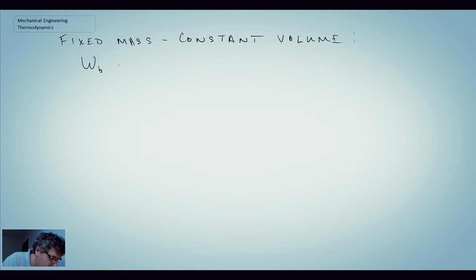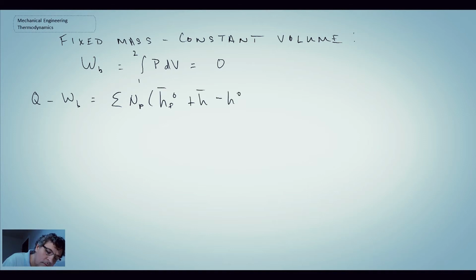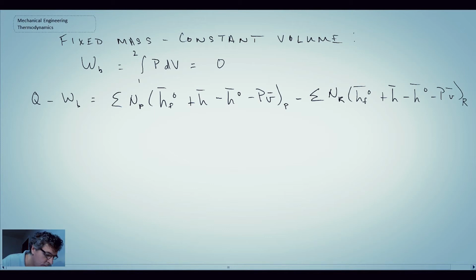Now, the last thing that we'll look at for a fixed mass is that of constant volume. Writing out our boundary work, for fixed mass we have PdV, but if it's constant volume, dV is not changing, so boundary work is 0. Writing out the first law, now we get that for the first law.